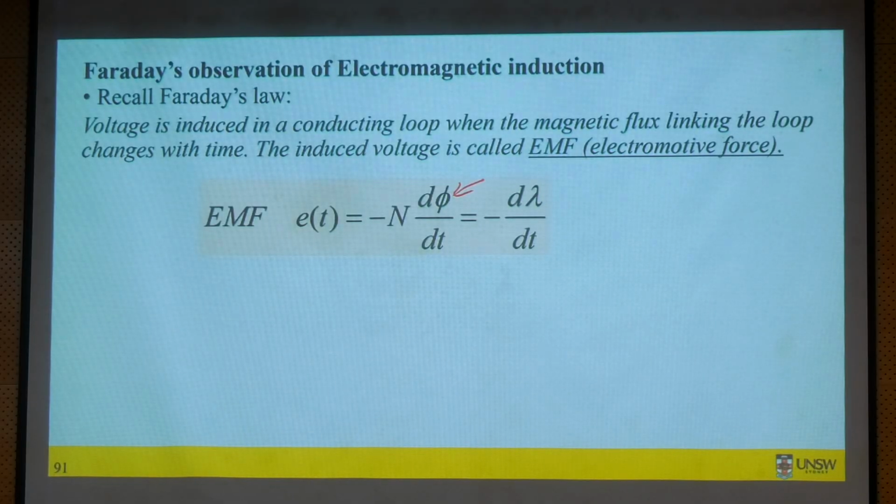So in a PM machine, this is usually given as d lambda PM over dt. Okay, so the magnet flux, when it is rotating, gives us the back EMF of the machine.